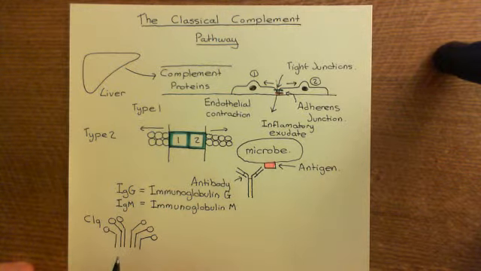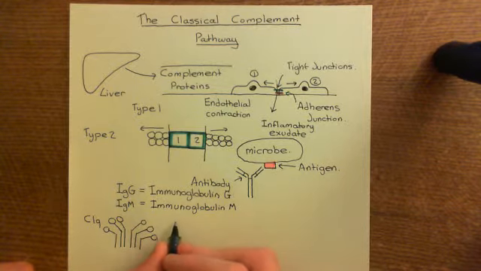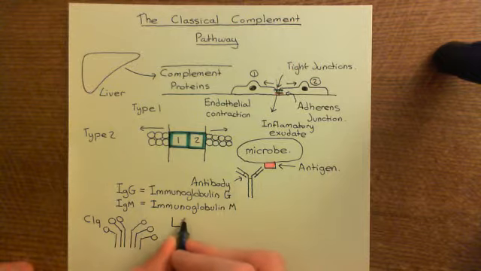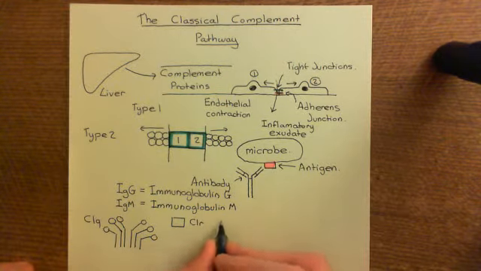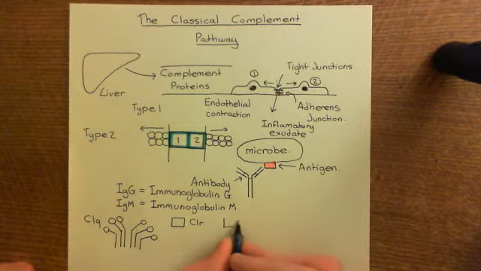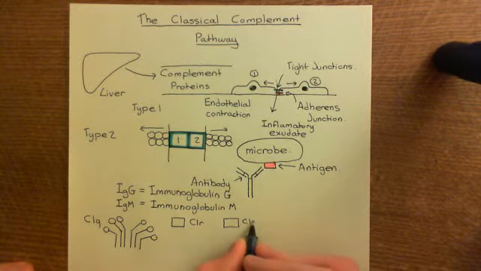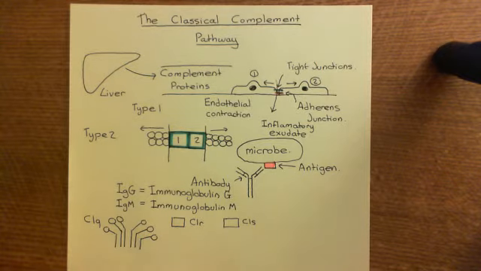Then you also put in 2 C1Rs. We'll just draw C1R as a little blob, and then you also put in 2 C1Ss. Let me color code each of these.